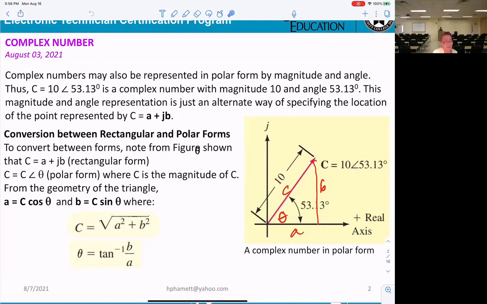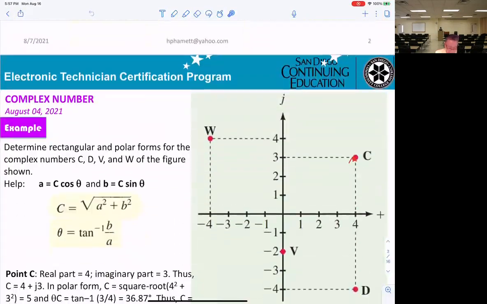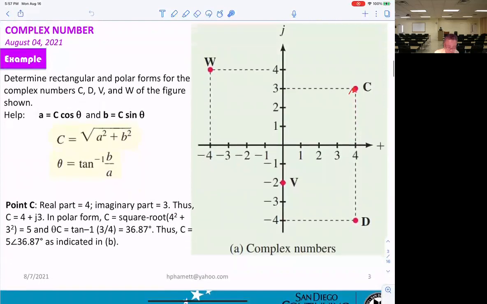Okay, so basically, in order to use a complex number, you have to understand that you get a complex number displayed in rectangular form, and also it will be using the polar. Last time we already went through this example here.